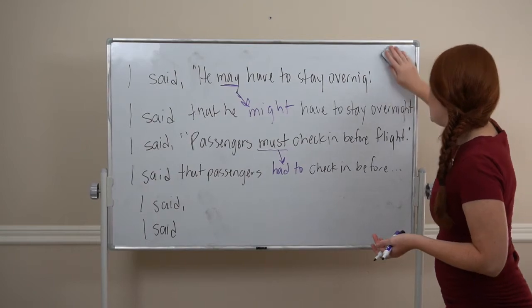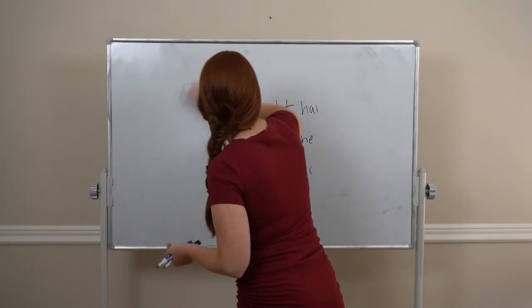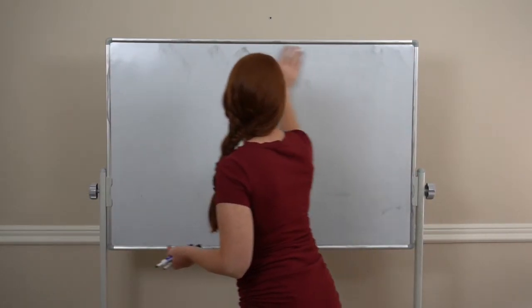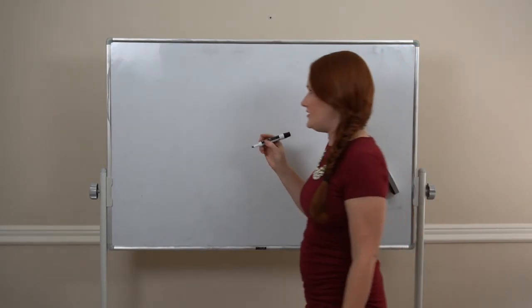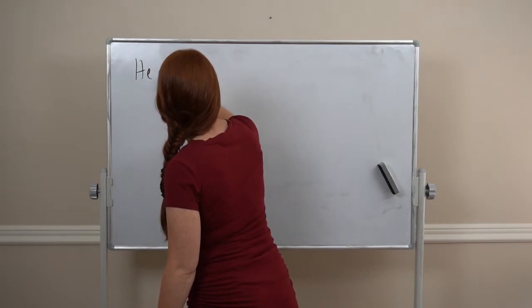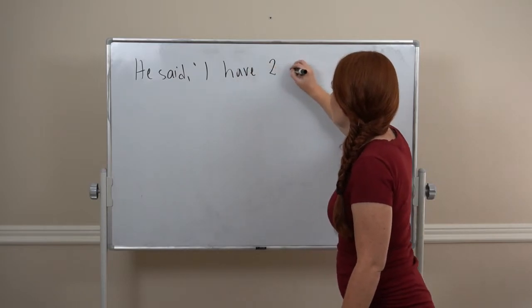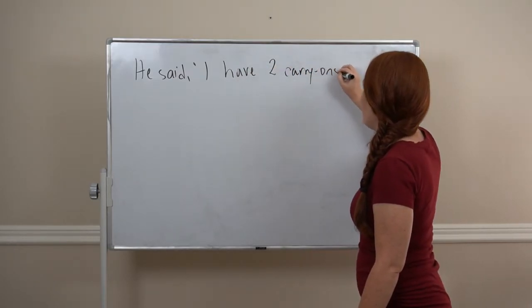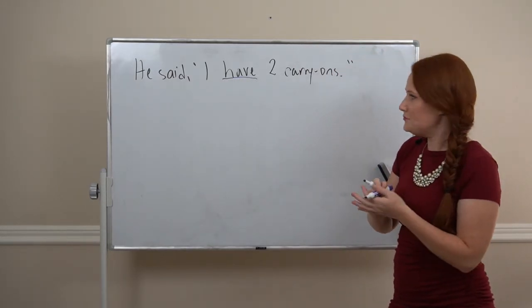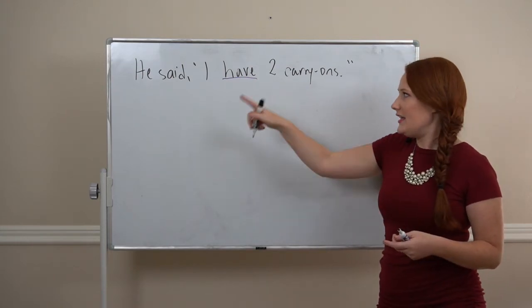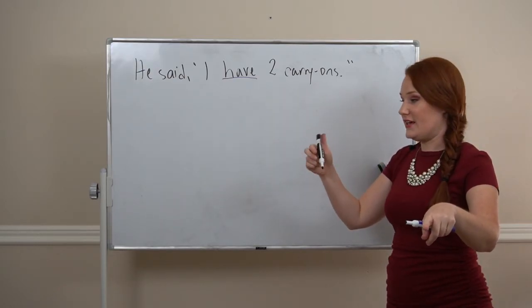Another thing though we need to worry about is pronouns. So if we'll say he said, I have two carry-ons. So our verb have will move back to had. So he said this. Now I am telling you what he said.